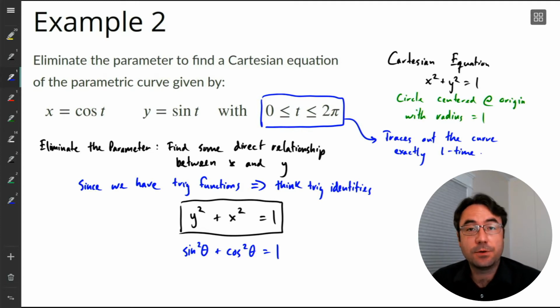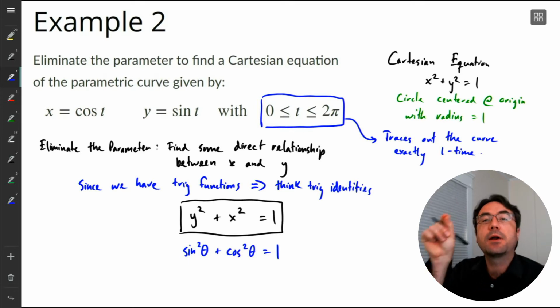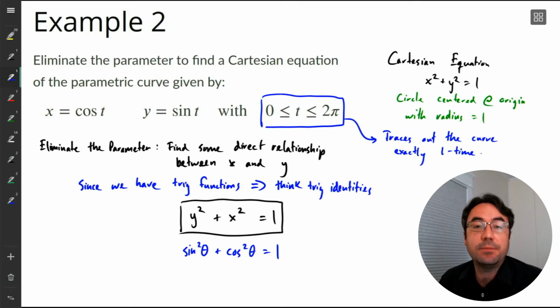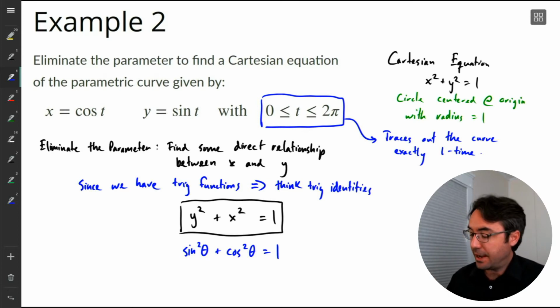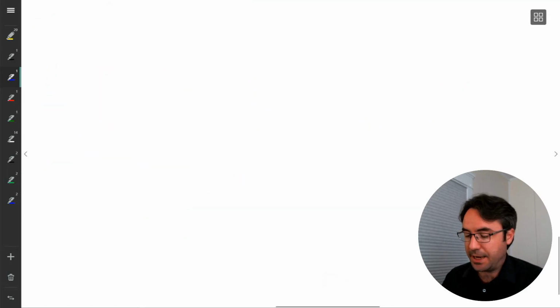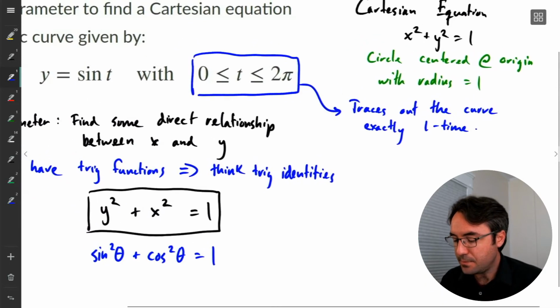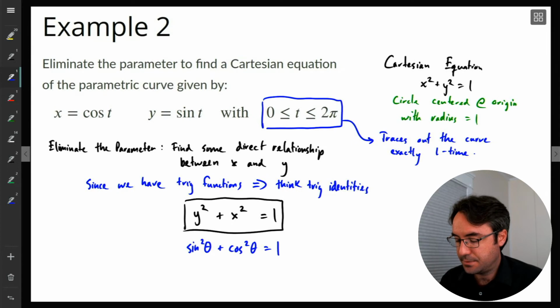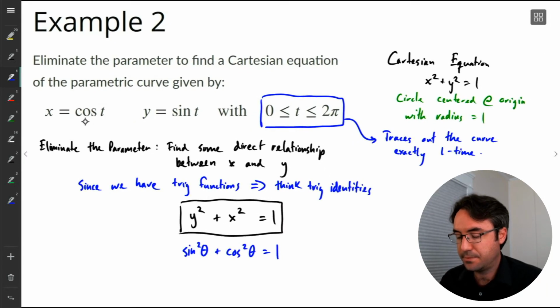So we have this circle, and we know parametric curves have this time component. So we think of it like a particle moving in the plane. And so what we're going to have here is, because our time interval is from 0 to 2 pi, and because our t value here is almost like an angle measurement, this is something we've seen with polar coordinates.